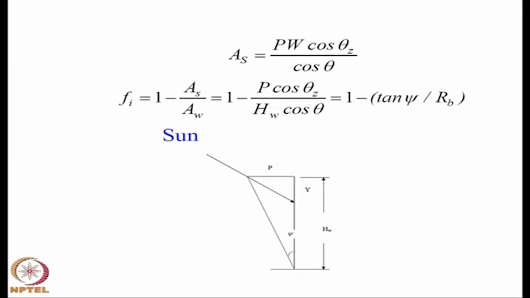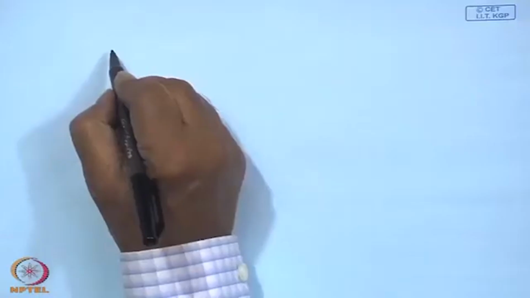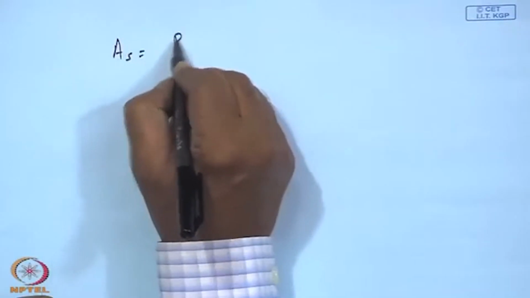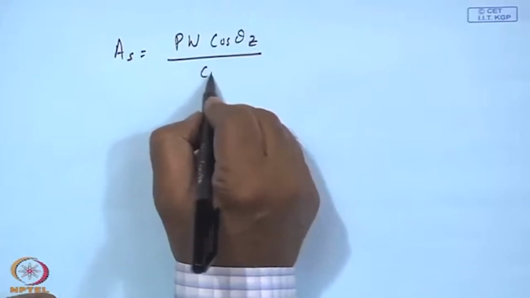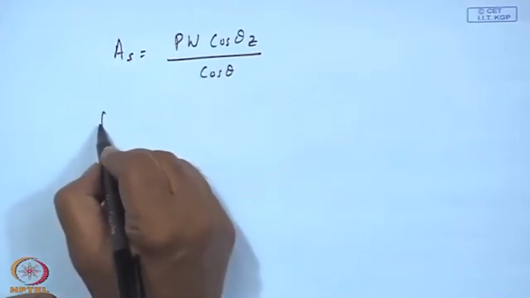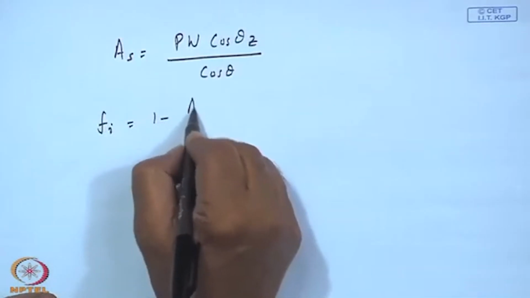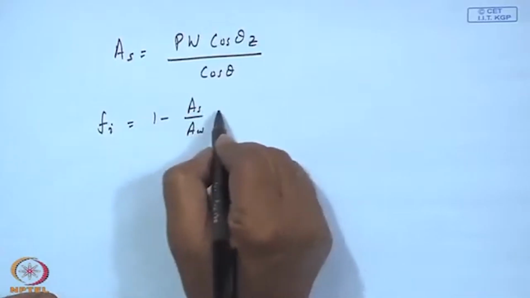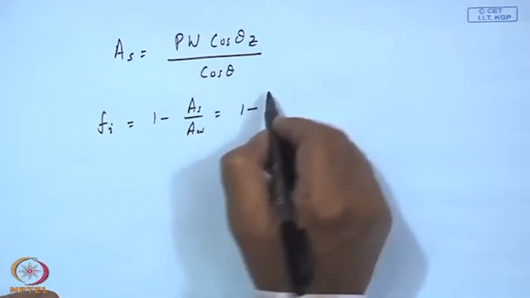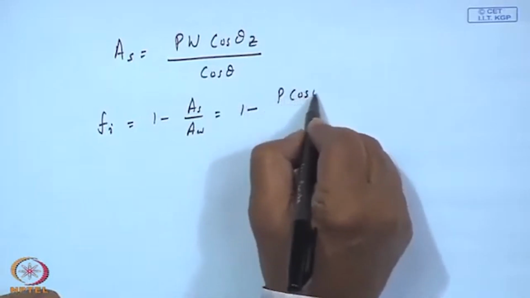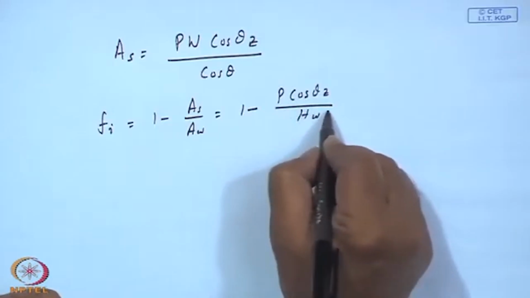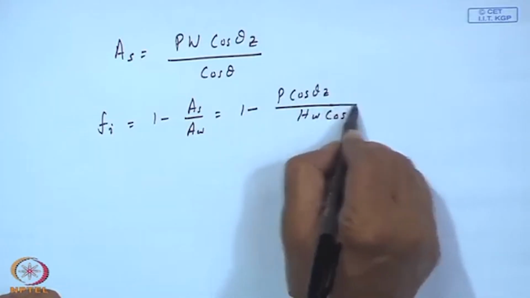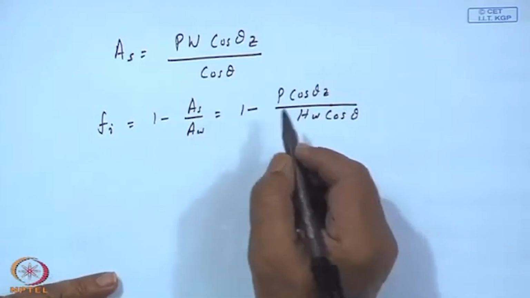So my shaded area for the rectangular shape, because the overhang is infinitely long, is P W, simple trigonometry, upon cos theta. So my Fi is 1 minus As upon AW, equal to 1 minus P cos theta z by HW cos theta, because AW is HW into W. So that is what you will get.